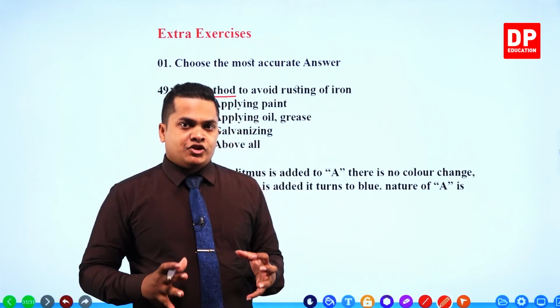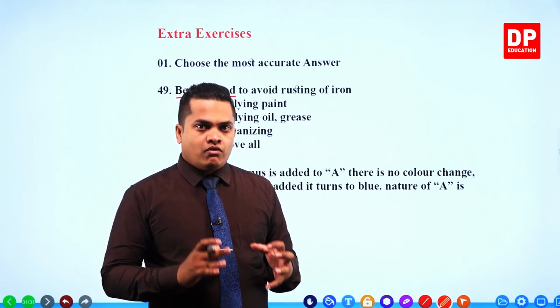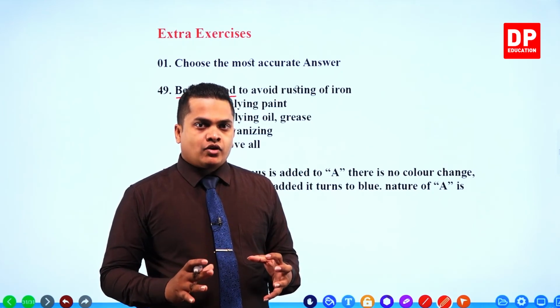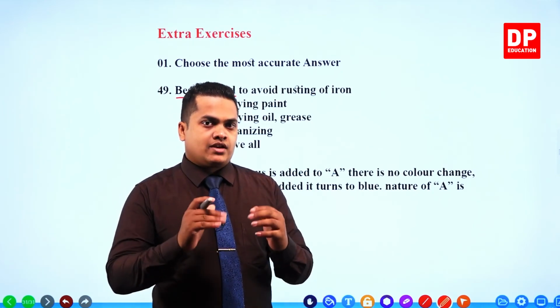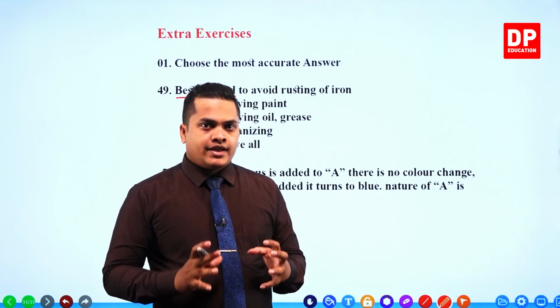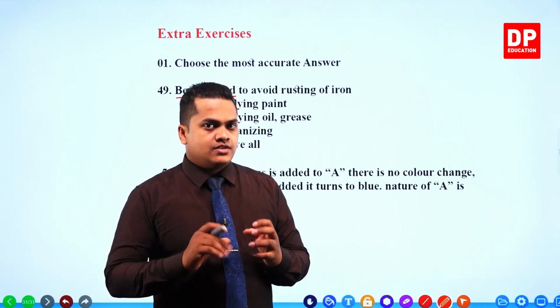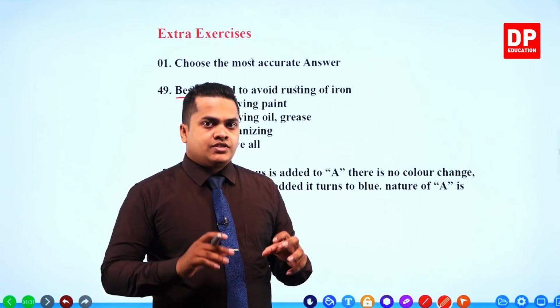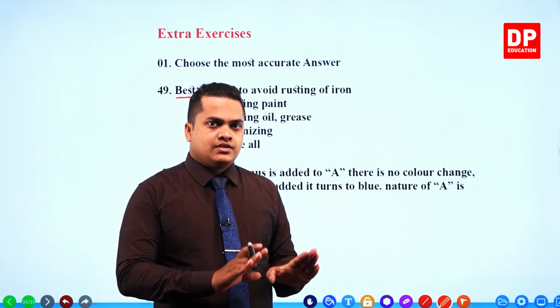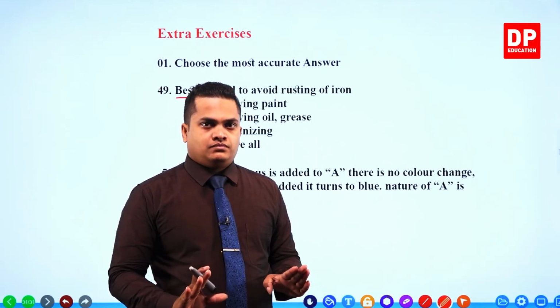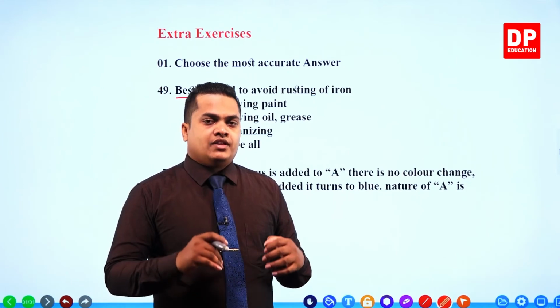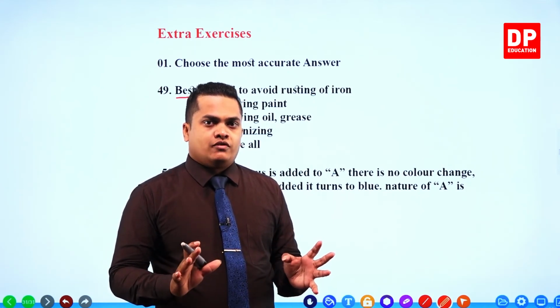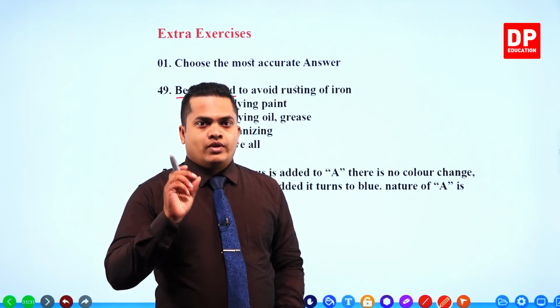If you take the application of paint, here we avoid the contact of oxygen and water with the metal surface. So it's okay up to a certain level, right? But when the paint scratches off, it's going to rust very quickly.